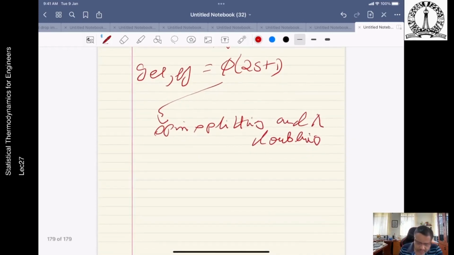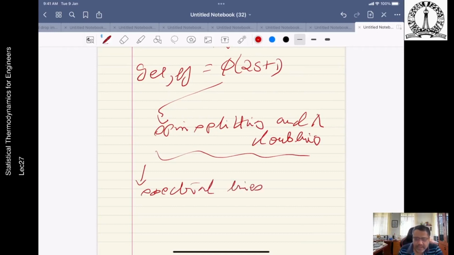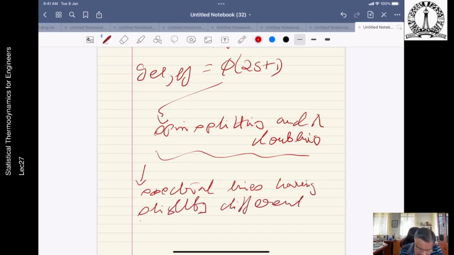This leads to spectral lines having slightly different wavelengths. So this is akin to the atomic case.